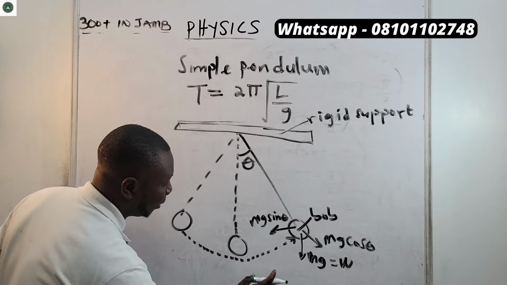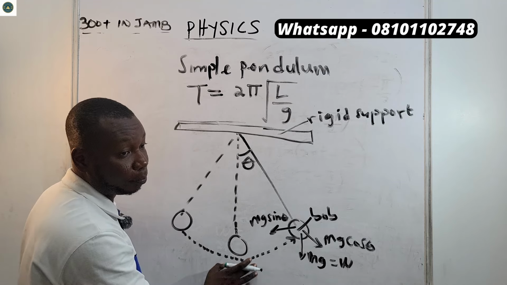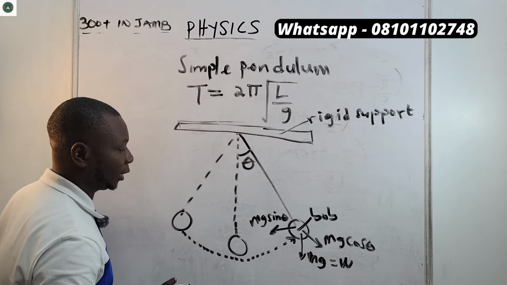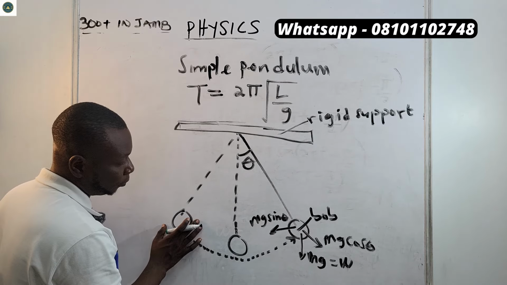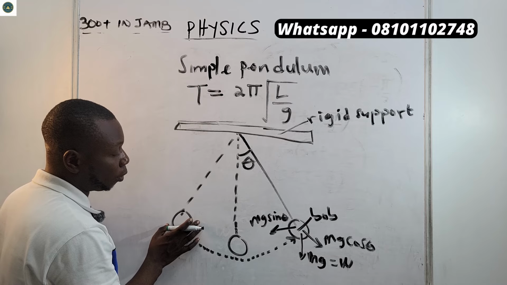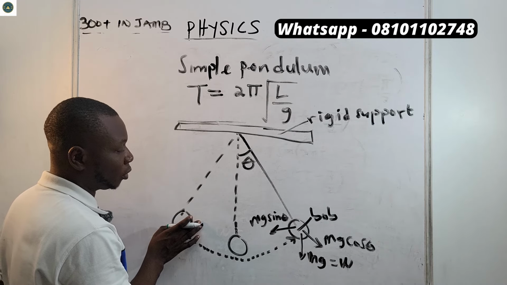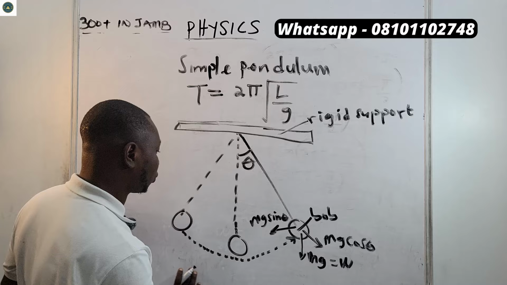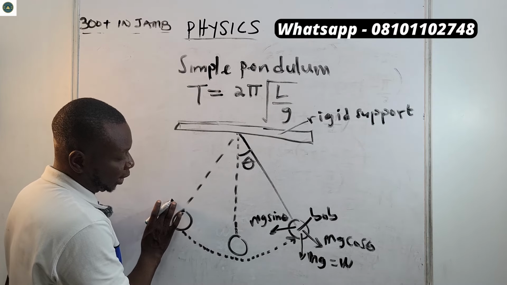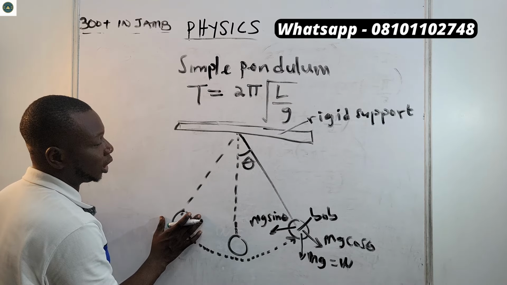At the point of equilibrium, you have the maximum kinetic energy, while at this point, you have the maximum potential energy, because the bulb comes to rest for some nanoseconds or milliseconds before moving to and fro. At this point, you have zero kinetic energy and maximum potential energy.